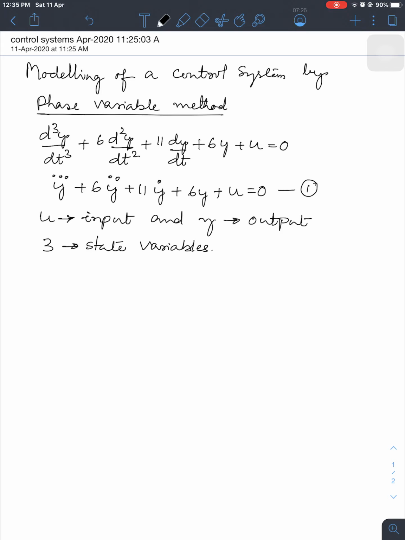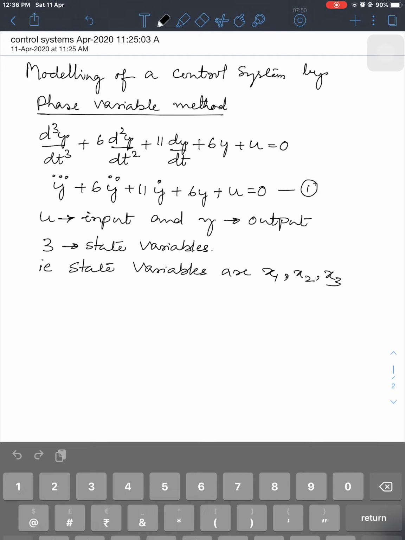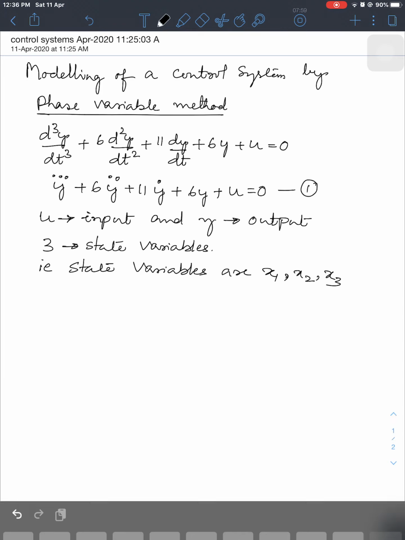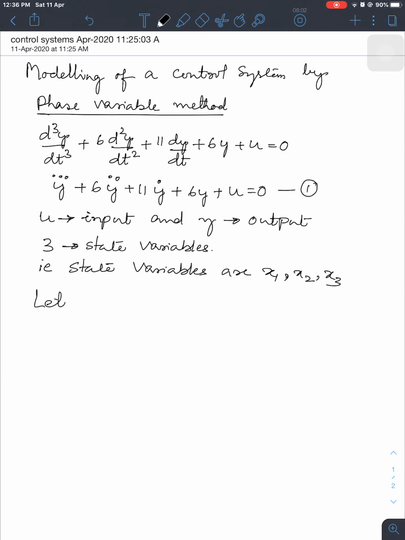Recall that the state variables are represented by x's. That is, the state variables for this particular system can be represented by x1, x2, x3. Let us try to model the system. Let the first state variable be the output itself.